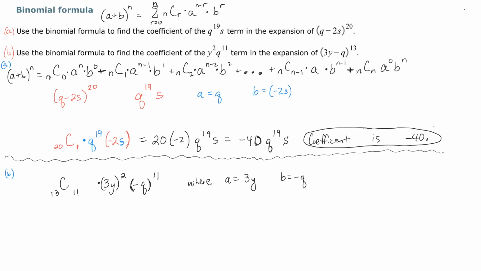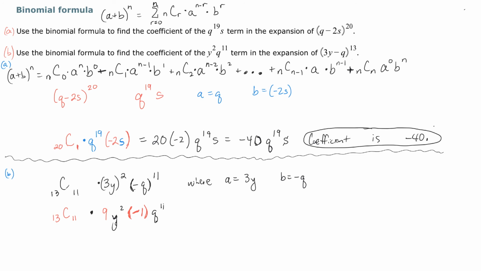Now we just need the coefficient. So I'm going to highlight the coefficient in a different color. This will represent part of the coefficient. We're going to have times 9, which is going to be part of the coefficient. And we have y squared. And then we also have negative 1, right? We're going to have negative 1 here as part of the coefficient. And then q to the 11th.